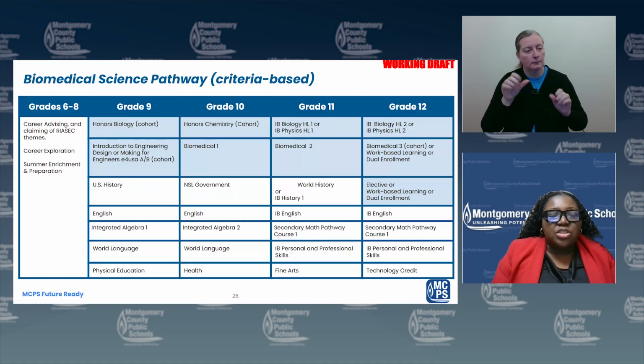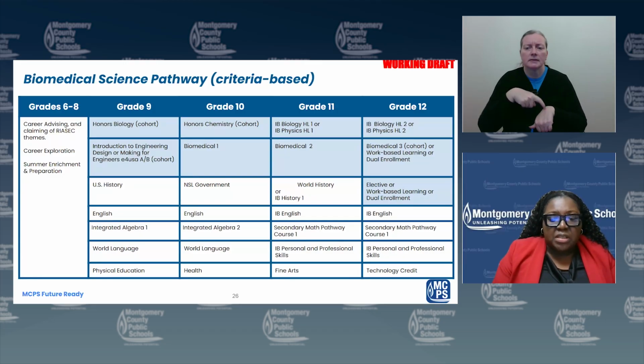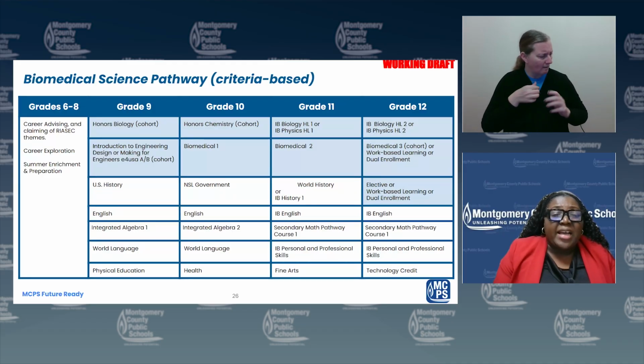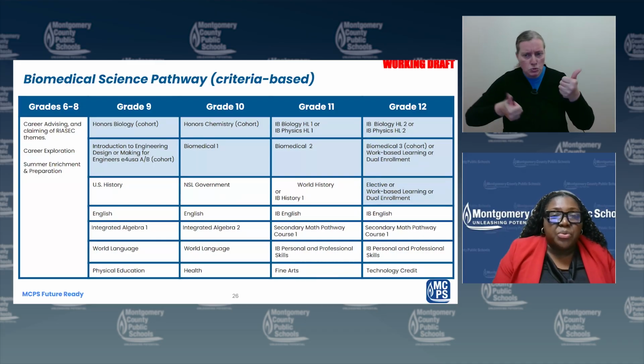Students at that stage will be doing career advising and really career exploration. The intent is that students will be learning more about themselves. What are their interests? What are their strengths? What are their values? We're hoping that by that exploration and self-awareness, it might help the students to determine, okay, which of these pathways would I like to pursue?